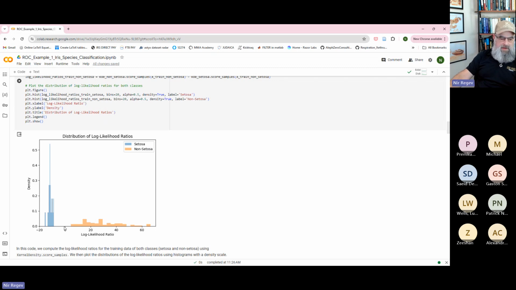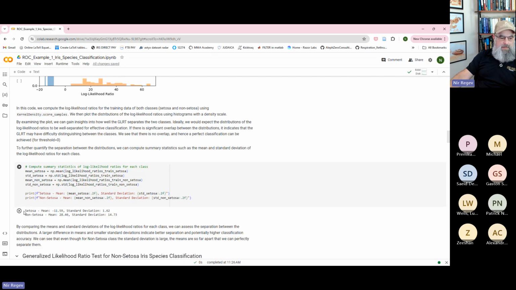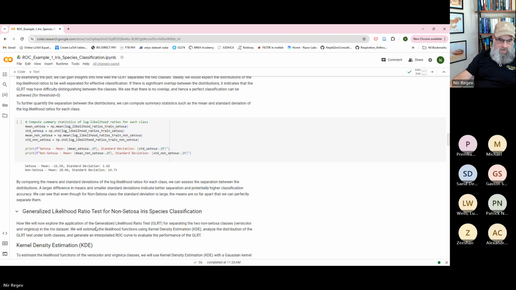And there is a nice gap between them in which we can set the threshold and get perfect classification. If we take the mean and variance, we can see that the mean is -11 for the setosa class and plus 28 for the non-setosa, so they're very far away from each other. And one has a large variance, one has a very narrow, very small variance.